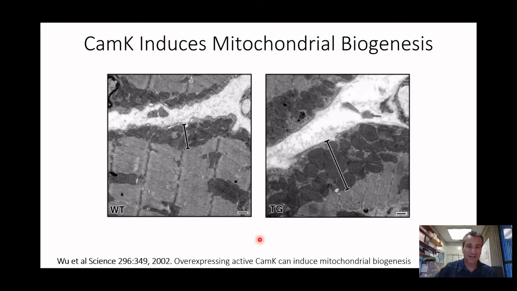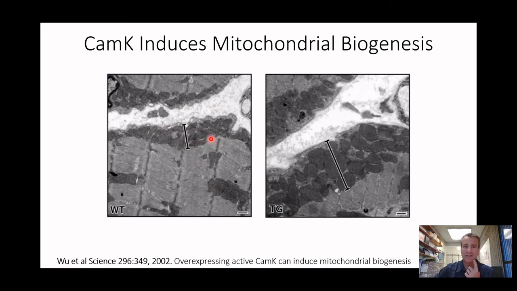So this is a really nice paper in Science where they overexpress CAM kinase in skeletal muscle. They used CAM kinase 4 because it wasn't already in skeletal muscle, and because it only has to be a monomer to act. What you can see is the mitochondria, these little dark gray balls.